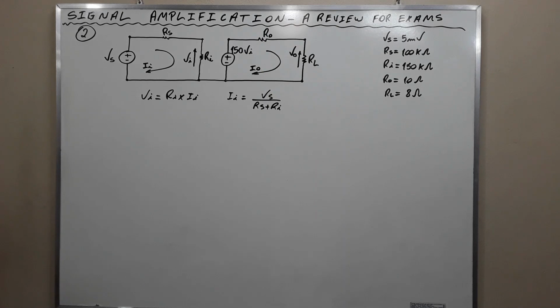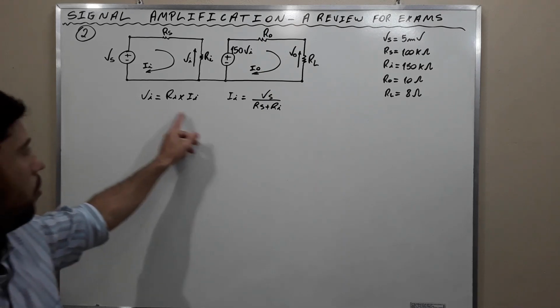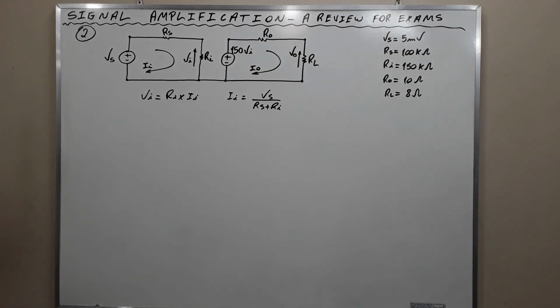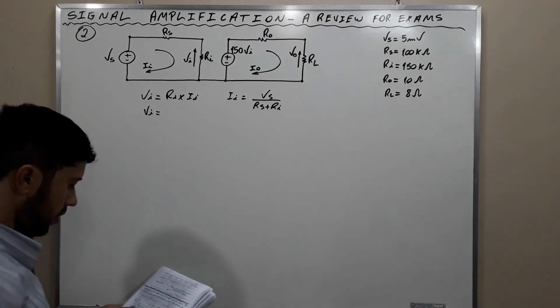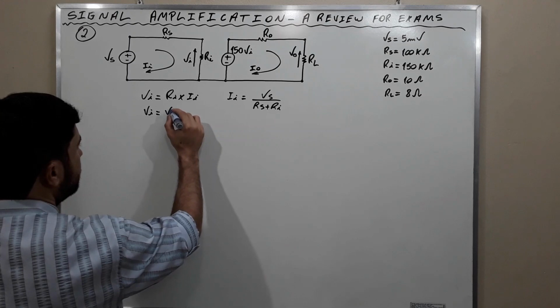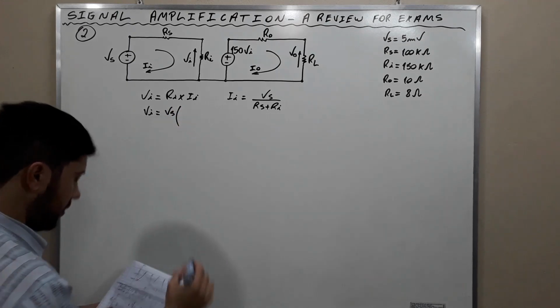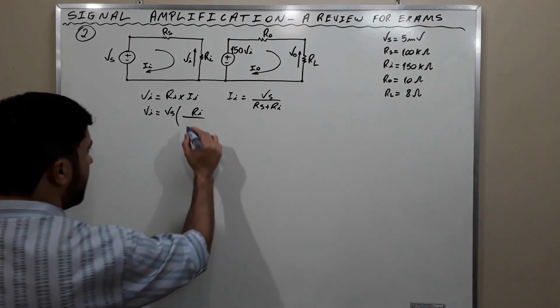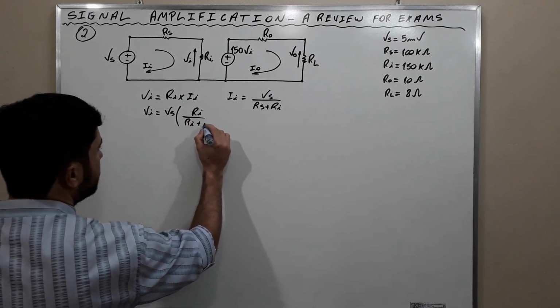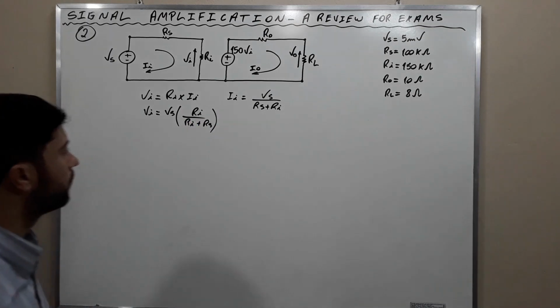Okay? Combining these two, we find that Vi is equal to Vs Ri over Ri plus Rs. Okay?